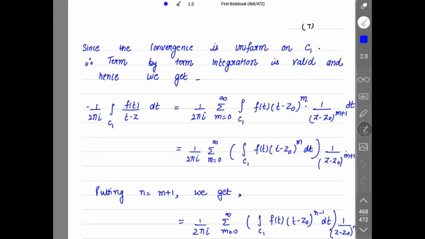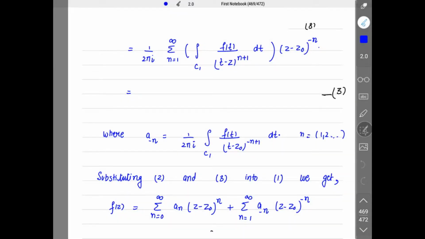And here, instead of m equal to 0 I must write n equal to 1. Why? For m equal to 0, if m is 0 then n is equal to 1. So my summation starts from n going from 1 to infinity. Is this clear? Okay. Next.